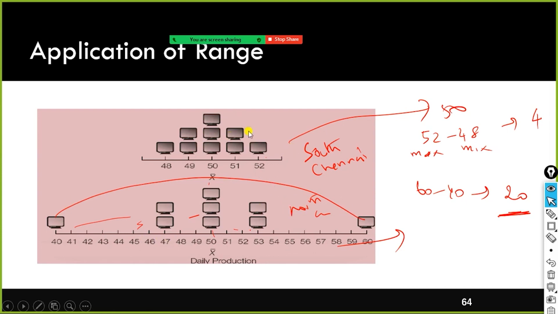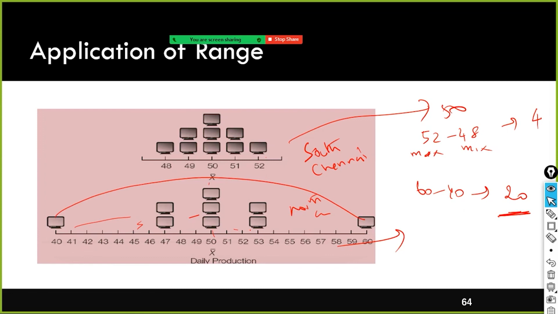Using range we can identify the width of the data and find out the spread of the data. It is also helpful to understand how consistent the data is. But the challenge is, if you have an outlier, it takes the outliers into account also.